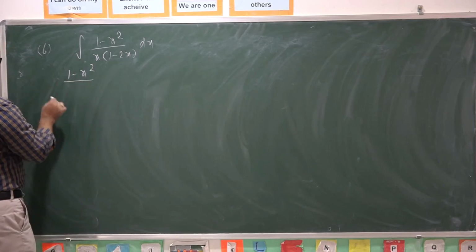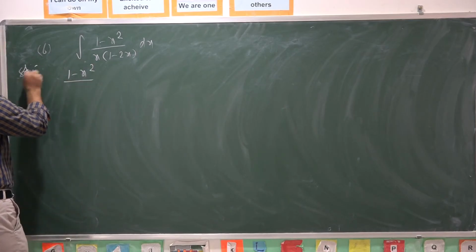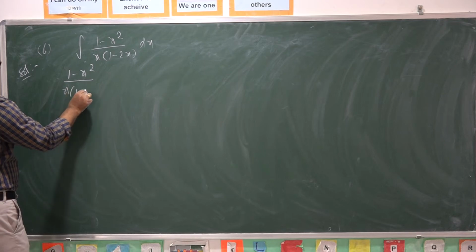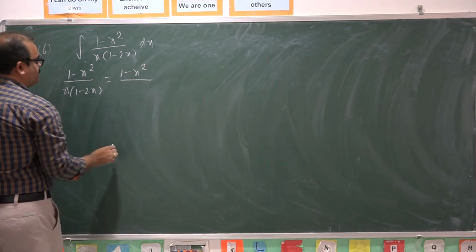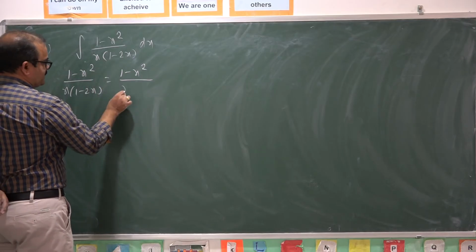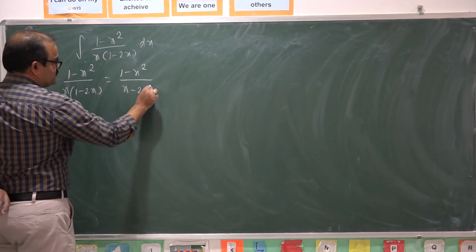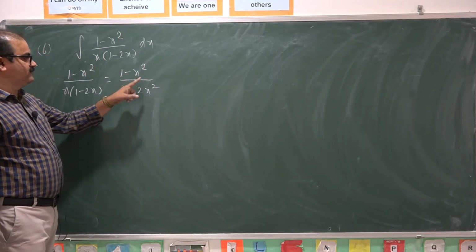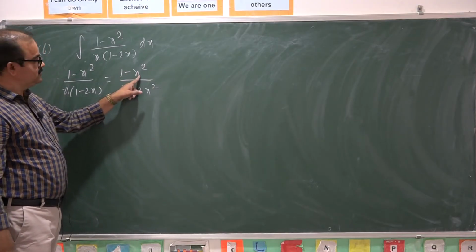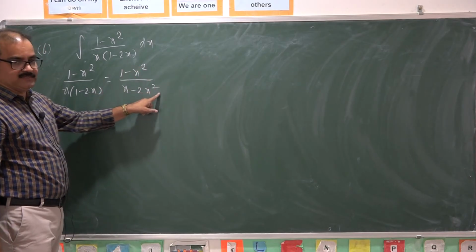Numerator is 1 minus x square, denominator x into 1 minus 2x, this is equal to 1 minus x square by, take x into bracket, x minus 2x square. Here degrees are same, degree of numerator is 2, degree of denominator is also 2.